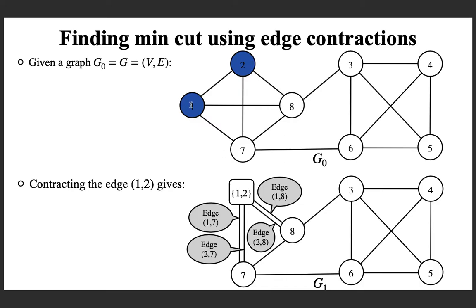And note that you added the edge 1 2 as a self loop here and you removed it. Self loops are going to be removed. So this is the graph that you get after you do the first edge contraction on the edge 1 2.